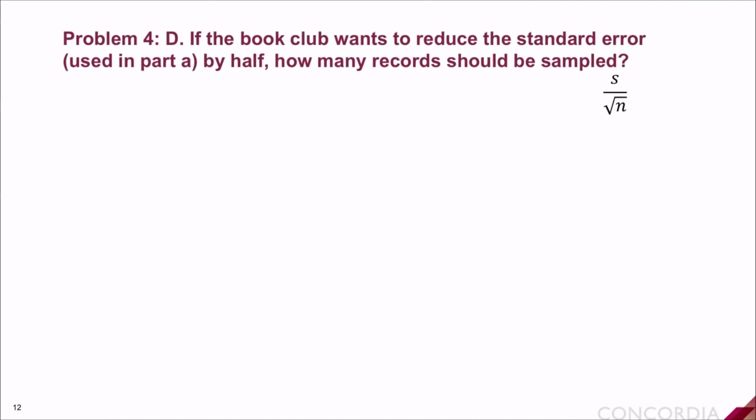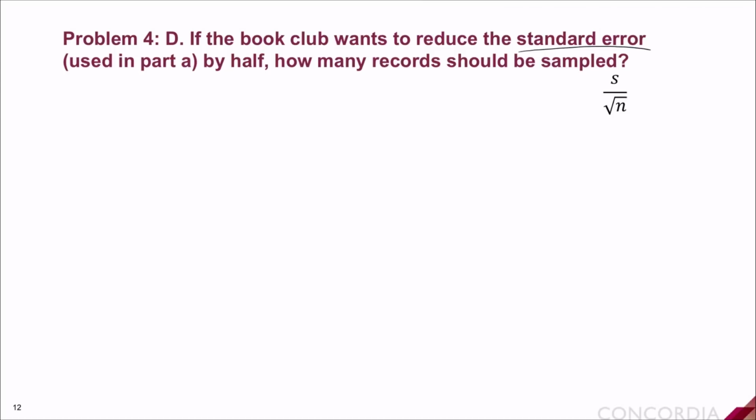Problem 4D. If the book club wants to reduce the standard error used in part A by half, how many records should be sampled? So the key part of this question would be to understand that standard error simply means standard deviation.